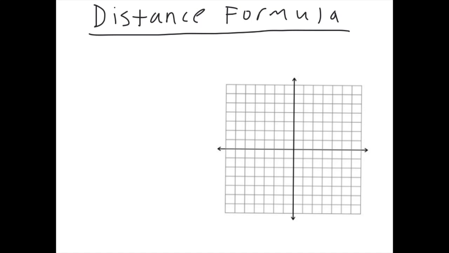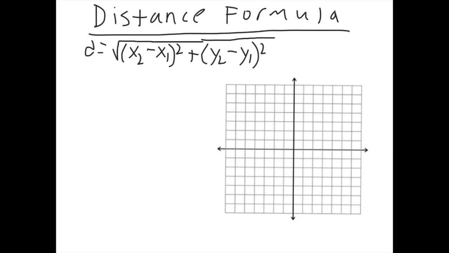Let's get started. First, we're going to talk about the distance formula. So the distance formula is that d, distance, between 2 points is the square root of x2 minus x1 squared plus y2 minus y1 squared. So remember that in a coordinate plane, points are named x, y.